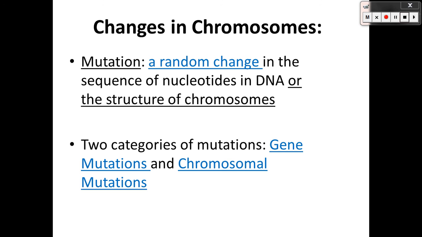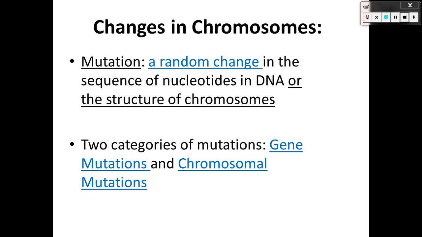Now, just for fun, I asked you, which one of these is worse? Having a gene mutation or having a chromosomal mutation? And some of you guys got it right off the bat, and some of you were still split on your decision. But usually the way that it works in mutations is chromosomal mutations are usually worse than gene mutations. And the reason being is if I have a gene, the gene is just a small portion of the chromosome.